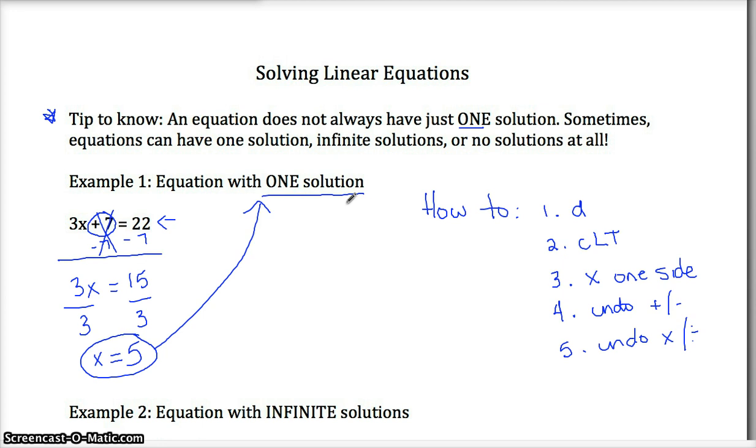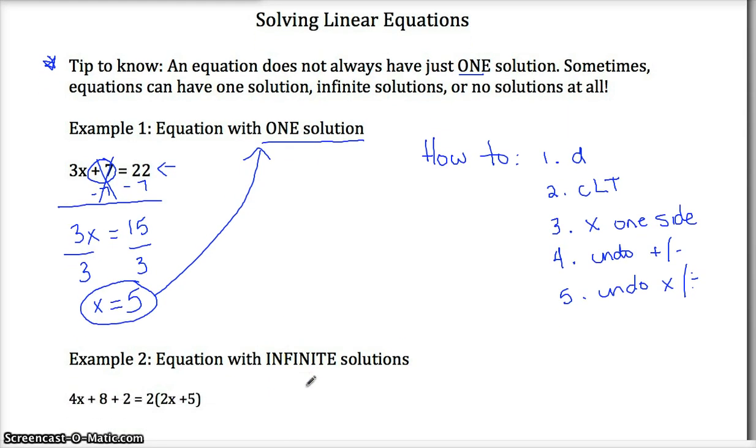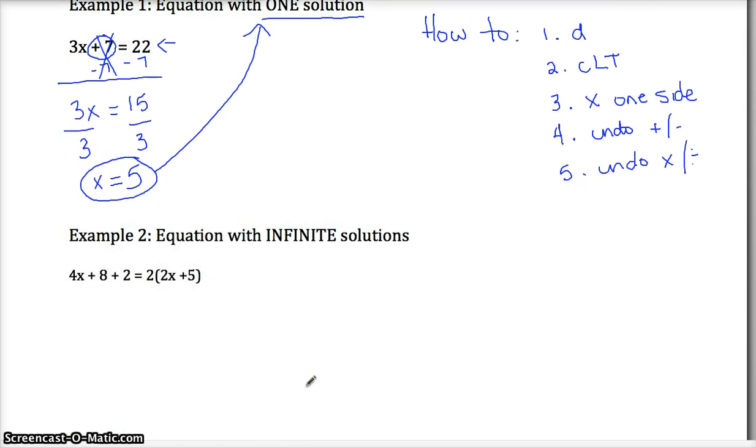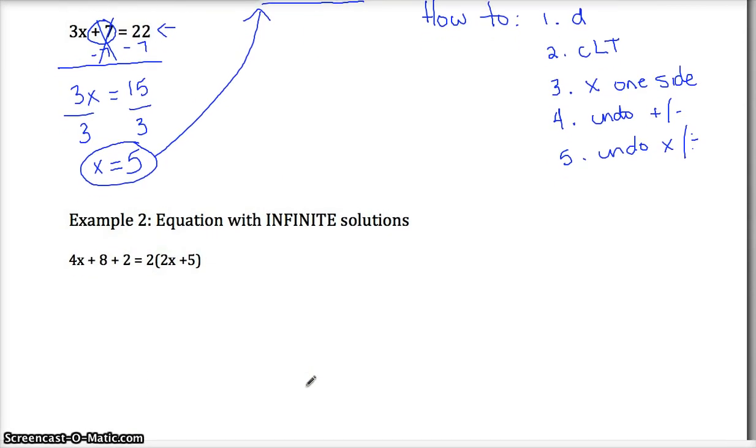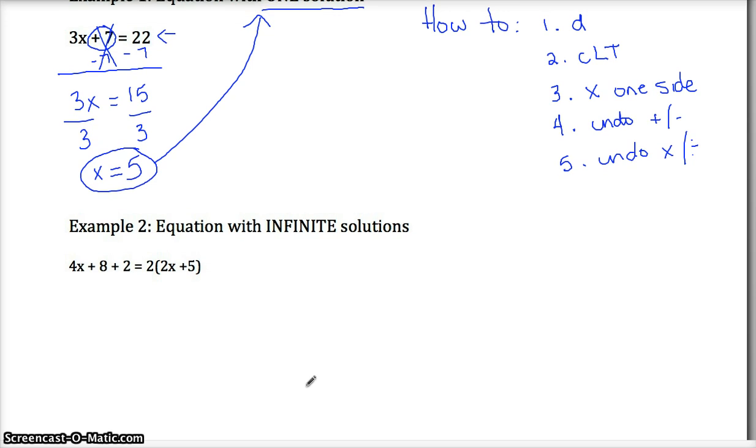The next problem we're going to do is an equation that will have infinite solutions, meaning any number can make the equation true. I'll show you what I mean. I'm going to try to leave those directions on the screen for you, but if you need to reference your notes from yesterday, you should have those as well. For this equation, we first need to distribute, and there's distribution right here with the parentheses.